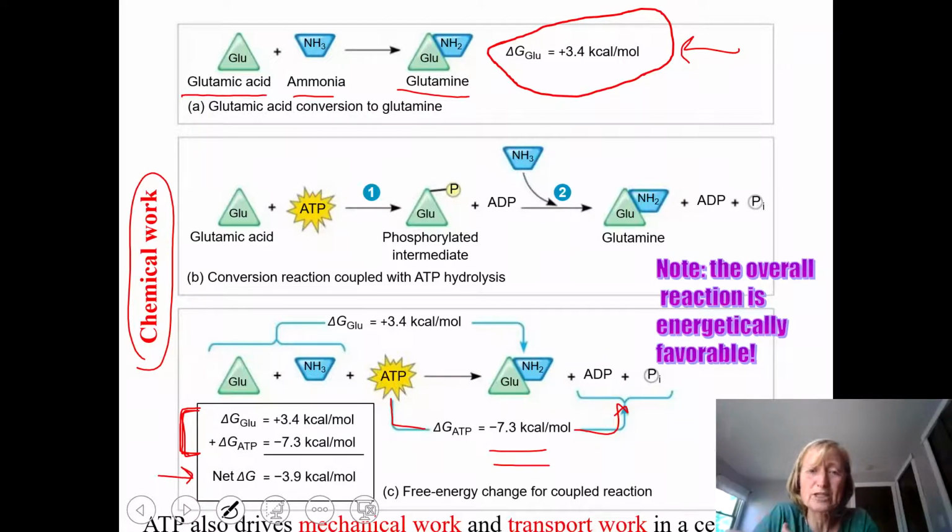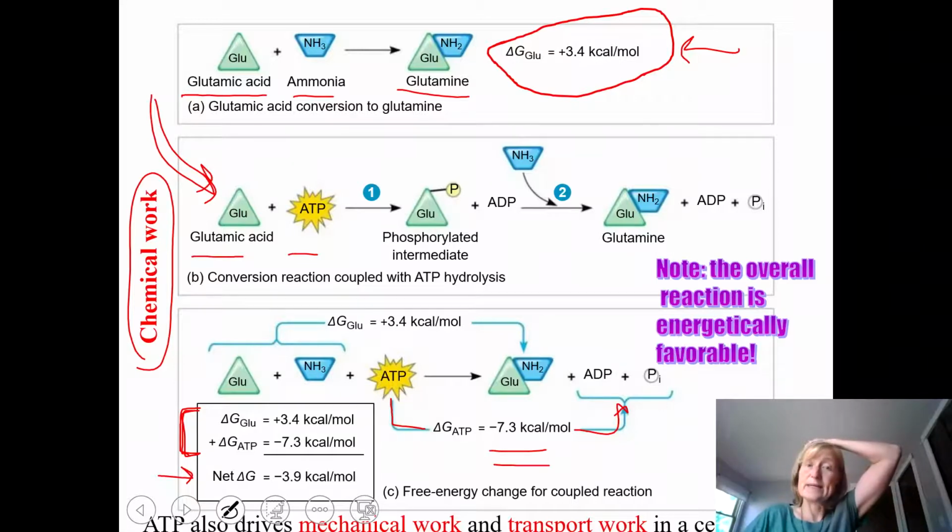Now, when we couple reactions together, it's not that these reactions are just sort of happening side by side and somehow energy sort of swims from the hydrolysis of ATP over here to the making of glutamine. There's actually, the hydrolysis of ATP kind of happens in conjunction with the making of glutamine. So in this picture here, you can kind of see how it happens. We've got the reactants, glutamic acid and ATP.